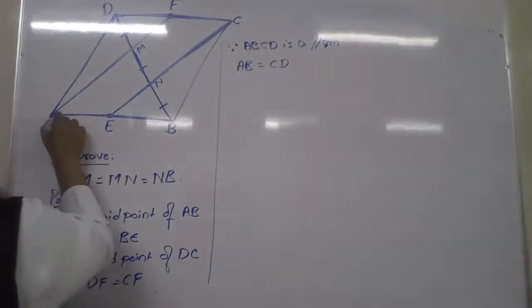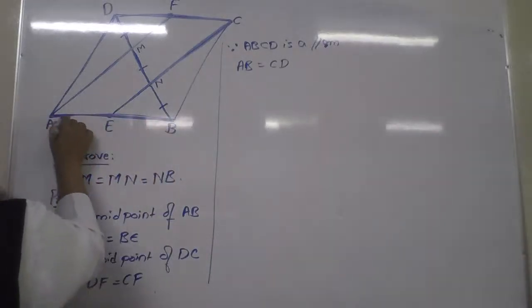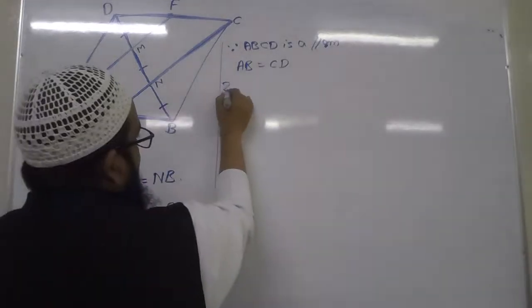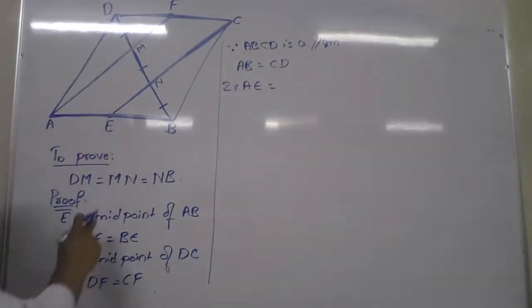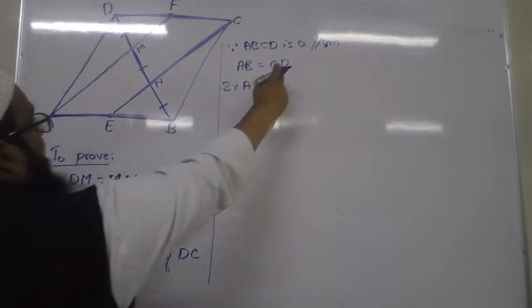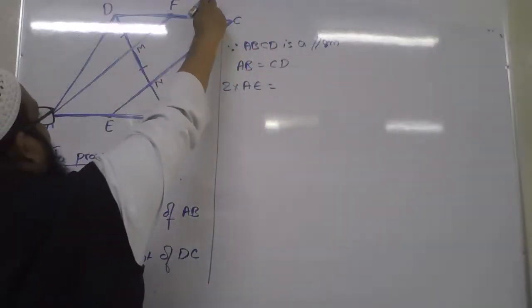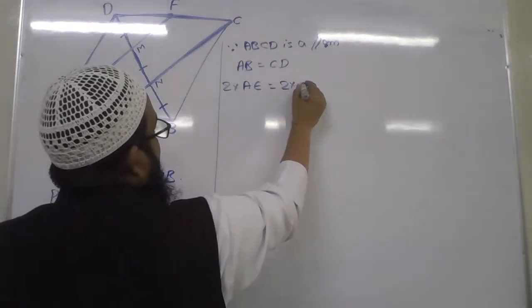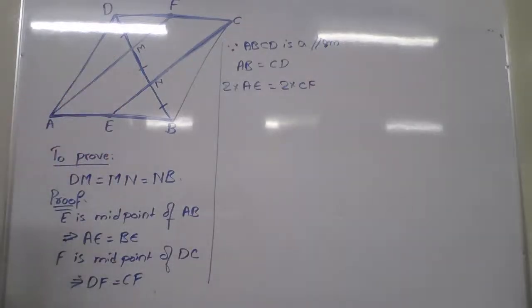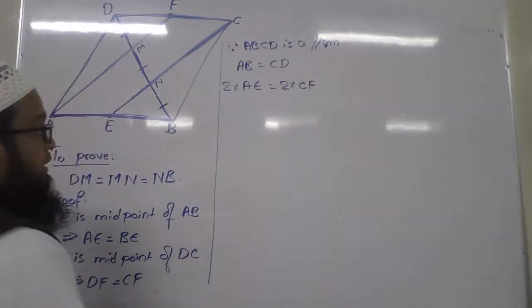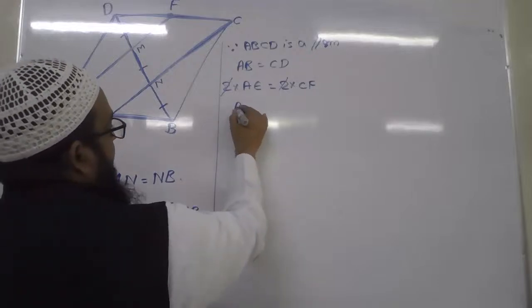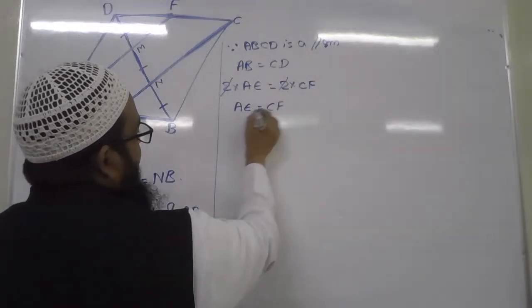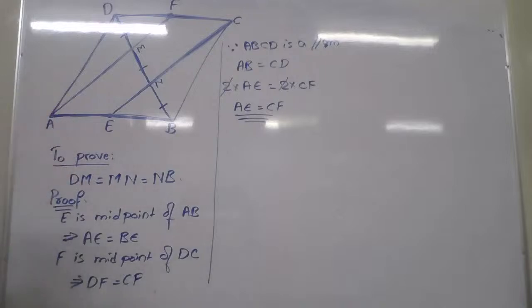And can I write AB is equal to 2 into AE, because E is the midpoint? In the same way, for CD, can I write CD is equal to 2 into CF? Yes. So 2 and 2 get cancelled. What is left out? AE is equal to CF.